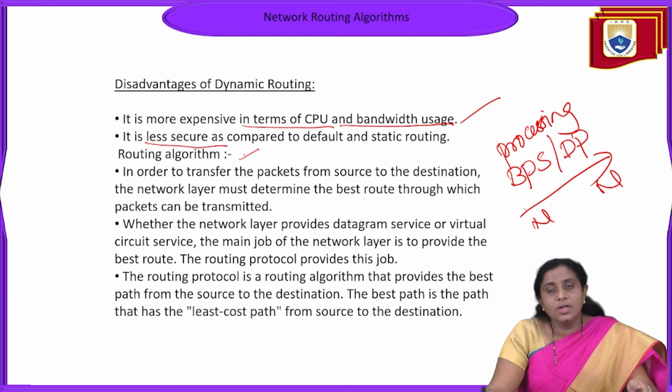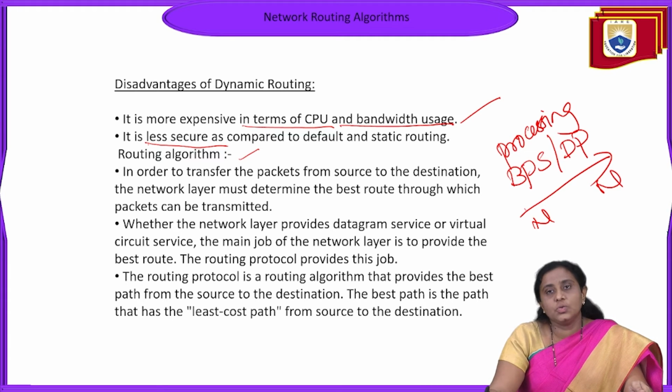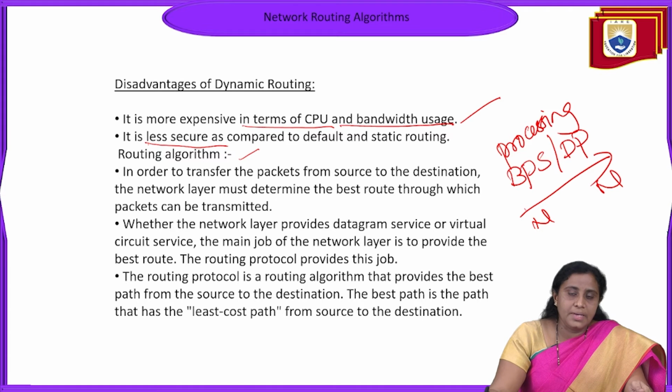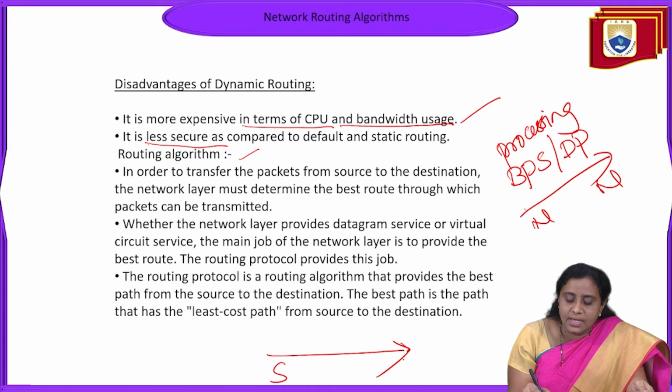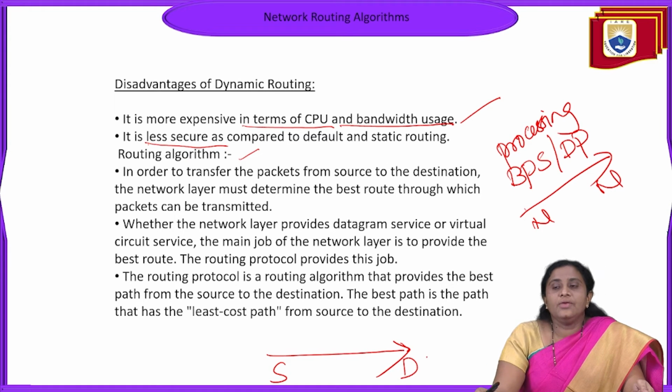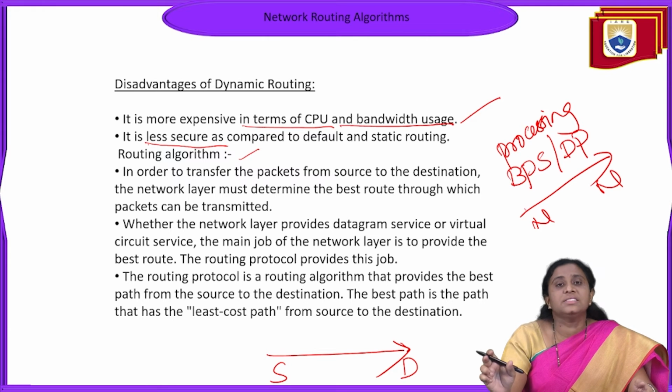Coming to the routing algorithms. In order to transmit or send the packets from one source to the destination, the network layer must determine the best route through which the packets can be transmitted. That means before a packet can be transmitted from one source to another destination, the network layer determines the best path from one node to another node.